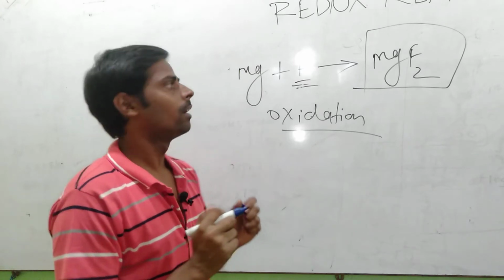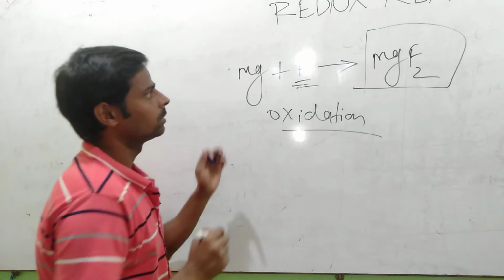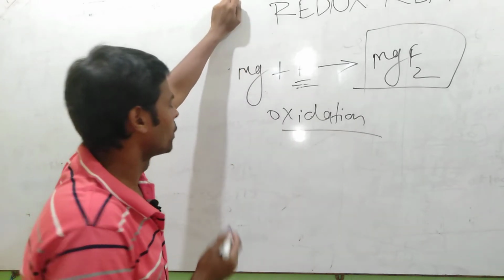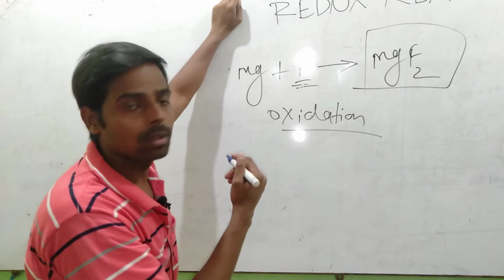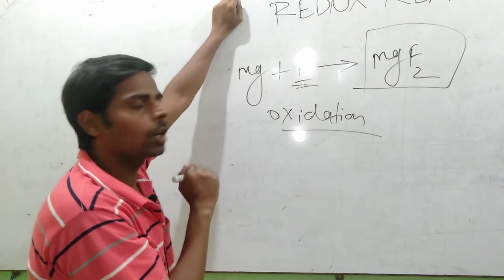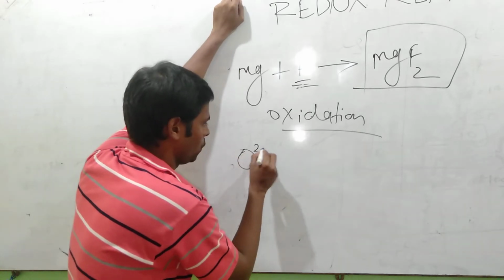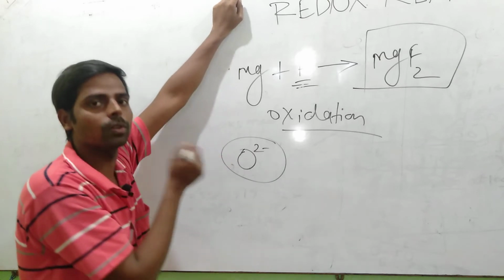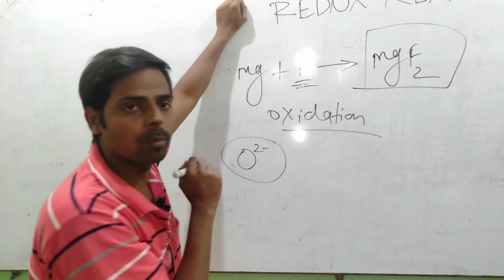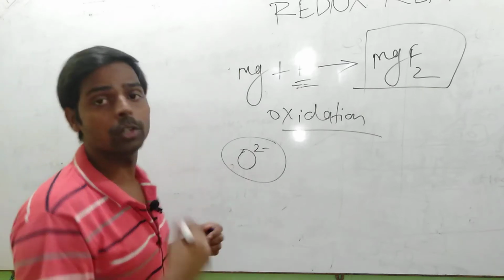And for example, your oxygen, जब स्टार्ट किए थे हम लोग तो हमने देखा ऑक्सीजन, when oxygen is added, that is your oxidation. Oxygen is also electronegative ना. Oxygen has 2 minus charge. Oxygen is also a gas, a non-metal, that's why it is also an electronegative element.